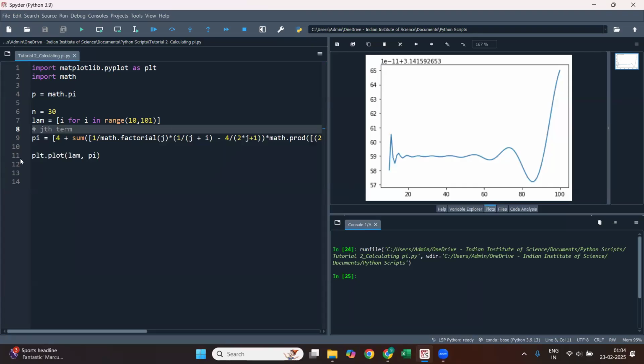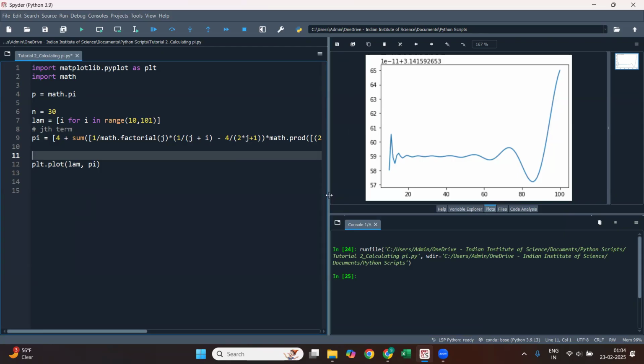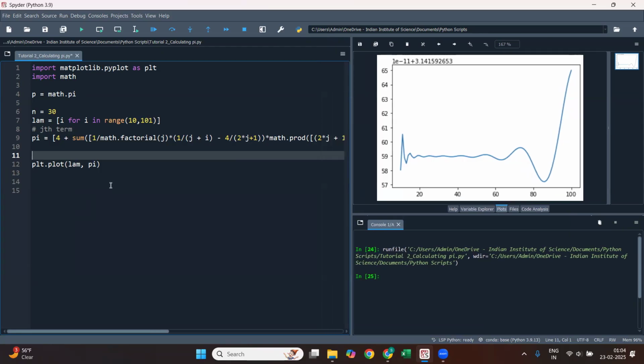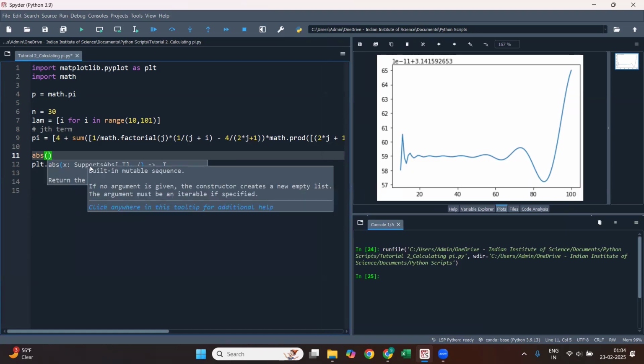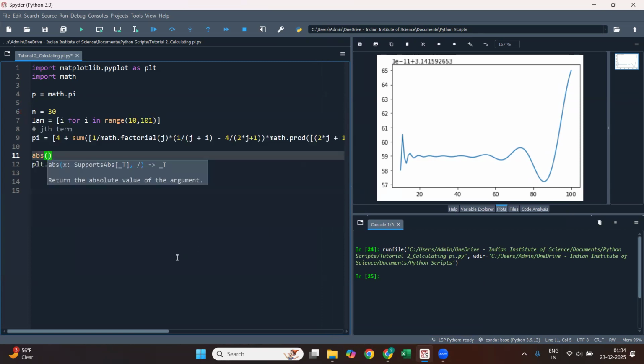But let's try to get the errors. So one way to get the errors is using relative absolute errors. So relative absolute errors are calculated by taking the absolute value of the difference between whatever we've calculated and whatever we know actually. So if we've calculated pi, let's say k, minus the actual value of pi, divided by the actual value.